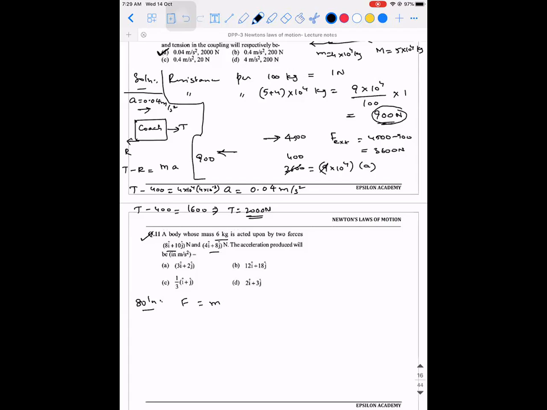So F is equal to ma. What is the net force acting on it? 12 i cap plus 18 j cap is equal to 6 into a. What is the acceleration, guys? 2 i cap plus 3 j cap. That's it.